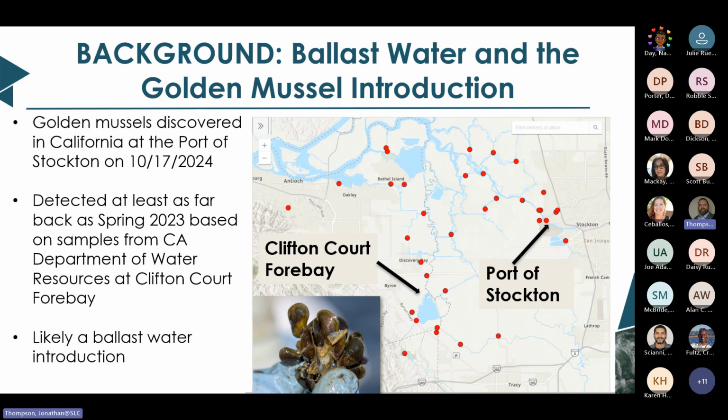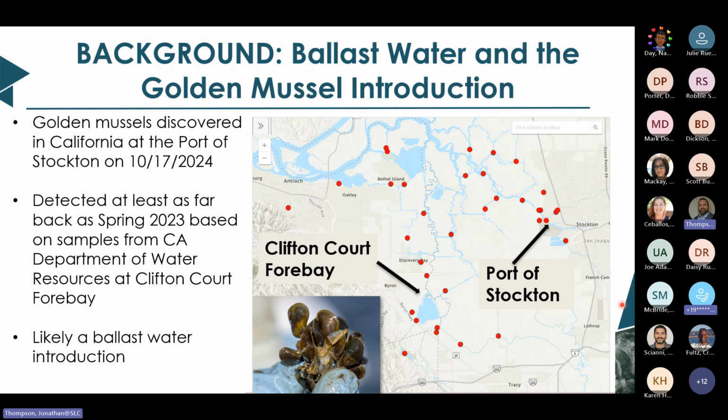So more background information. The golden mussel was discovered in California at the port of Stockton in October of 2024.